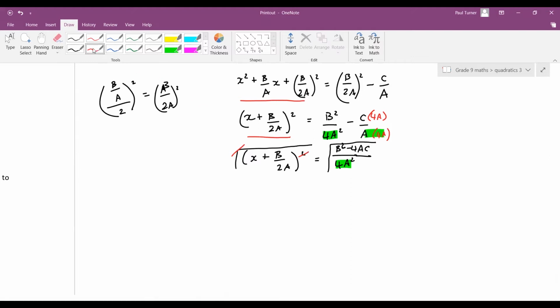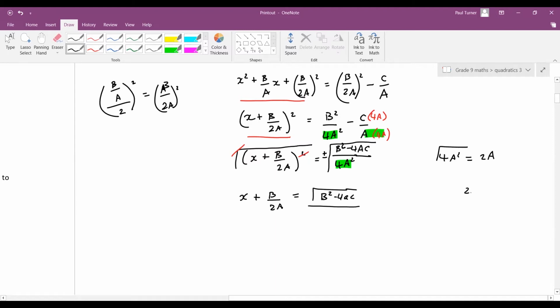So we'll have x plus b on 2a equals, and this is plus or minus, you've got the square root of b squared minus 4ac divided by the square root of 4a squared. And the square root of 4a squared would be 2a. Okay, 2a times 2a is 4a squared.